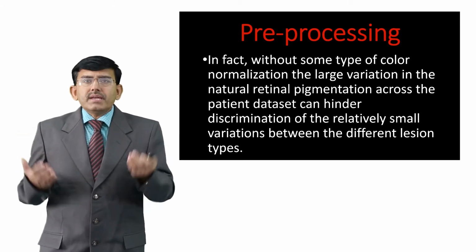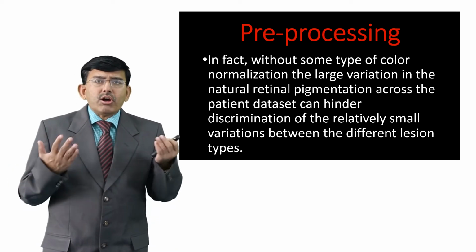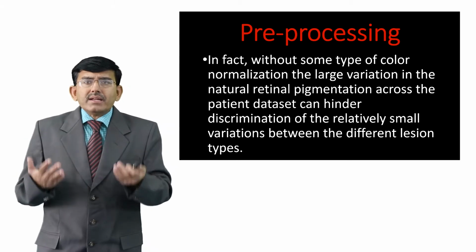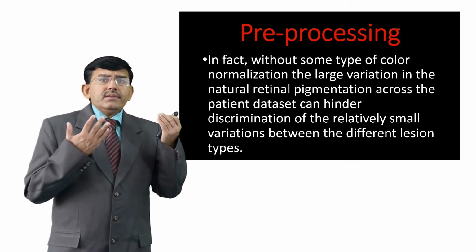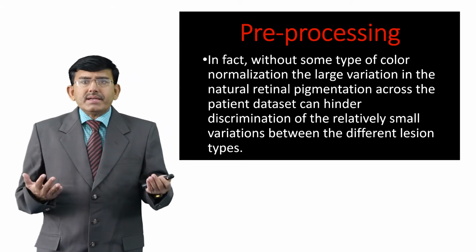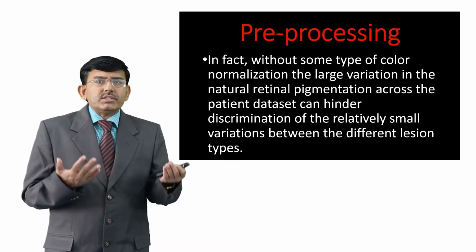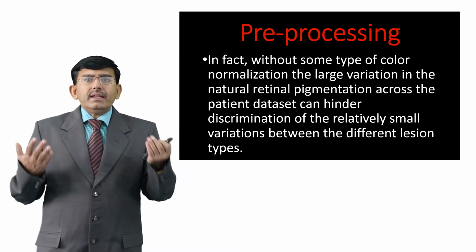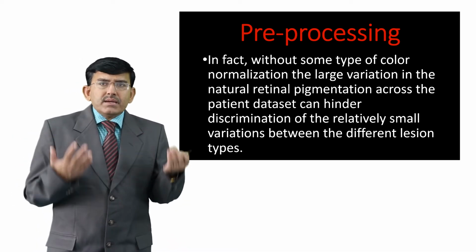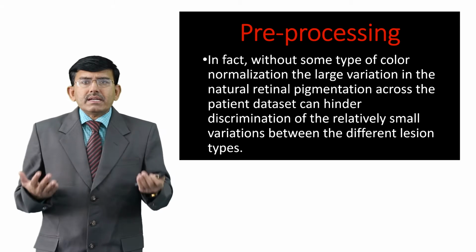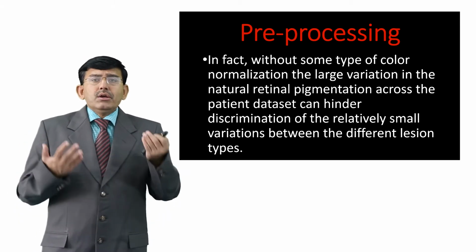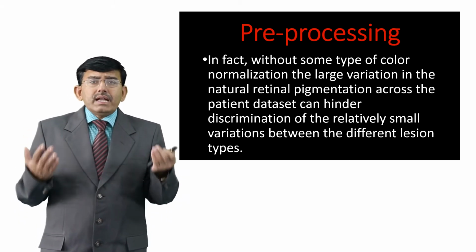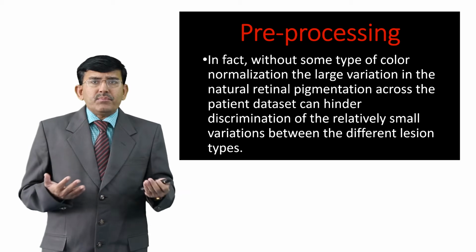In fact, without some type of color normalization, the large variation in natural retinal pigmentation across the patient data set can hinder discrimination of the relatively small variation between the different lesions and their types.